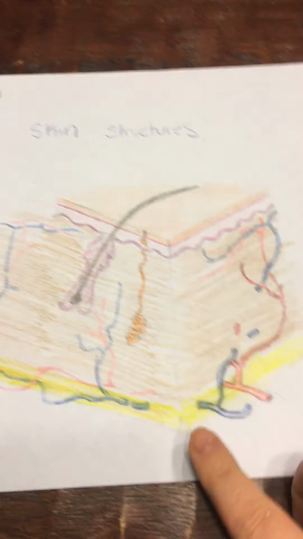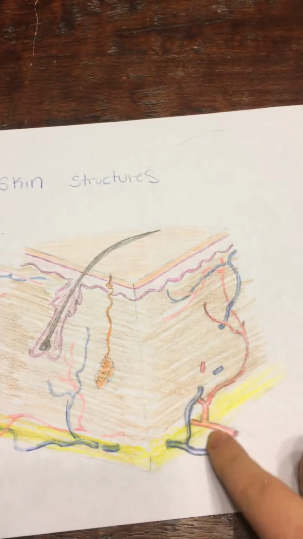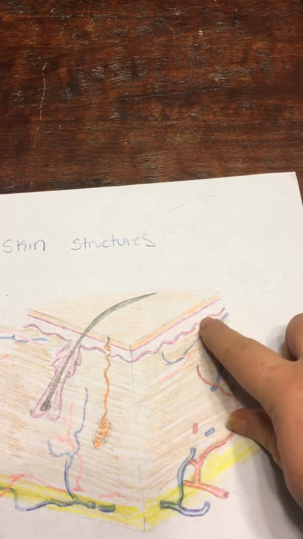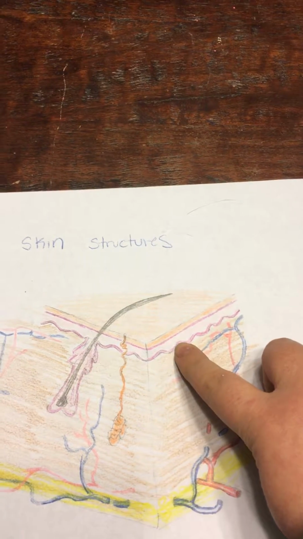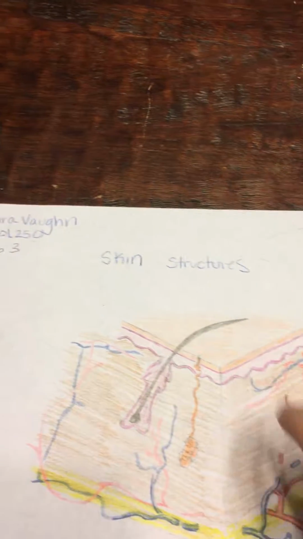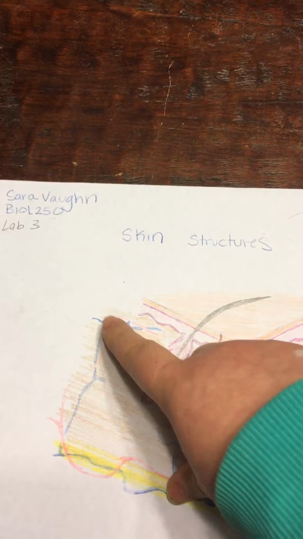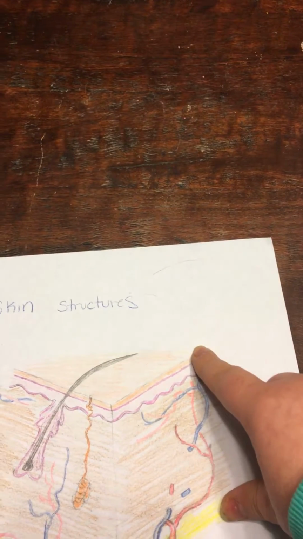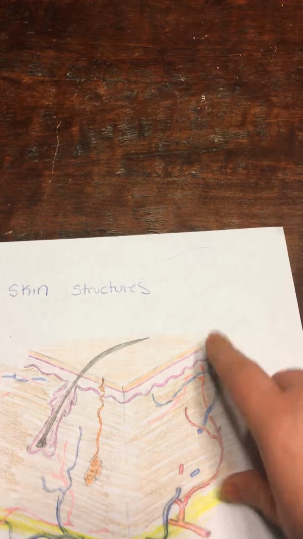All right, so we are going to start here with the blood vessels, and the basement membrane is this little area right in here. So the dermis is the main section in here, and the epidermis is the top layer of skin up here.